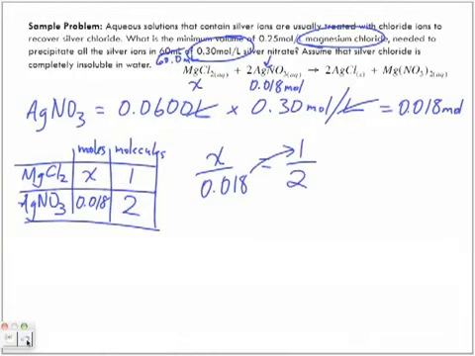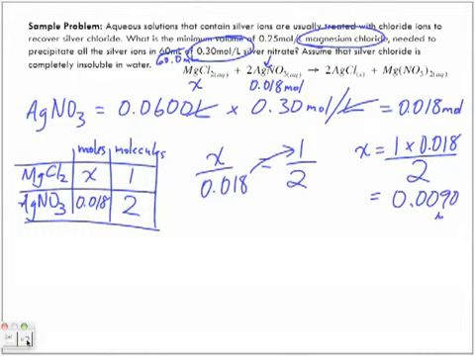We bring the 0.018 over, and x is equal to 1 times 0.018 divided by 2, which gives the number of moles of magnesium chloride, 0.0090 moles.